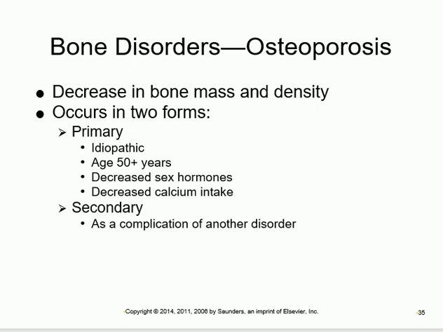Okay? And this can be primary or secondary. Primary means it just happened. Age, for example, especially for ladies. We know that osteoporosis occurs a lot with older females, right? Why? Because of the hormones decreasing. And here's what the hormones are doing.